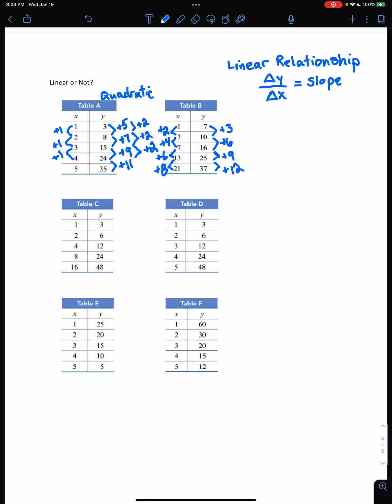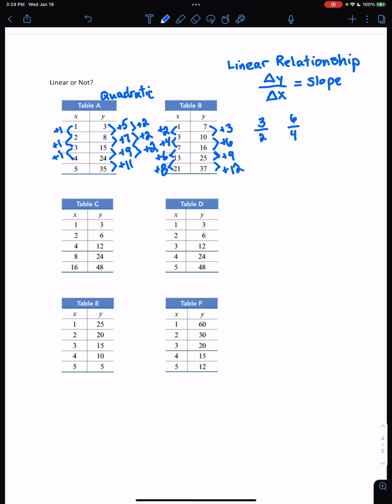Okay. So let's compare our change in y over change in x. For our first change in y, we have 3. For our first change in x, we have 2. For our second change in y, we have 6, and our second change in x, we have 4.